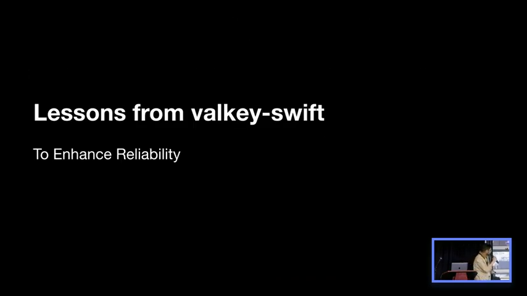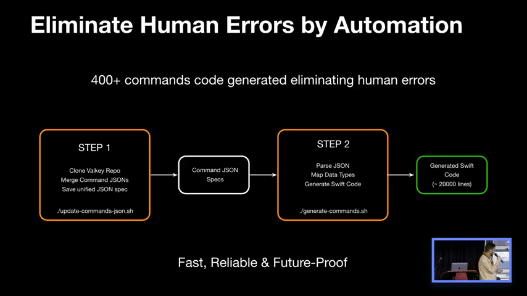The next series of lessons are to enhance reliability by minimizing bugs. We'll see multiple ways where we have tried to eliminate bugs in Valkey-Swift. Valkey has over 400 commands. Writing all those commands by hand is going to be tedious, and we know that when humans do manual tedious stuff, they tend to make more mistakes.